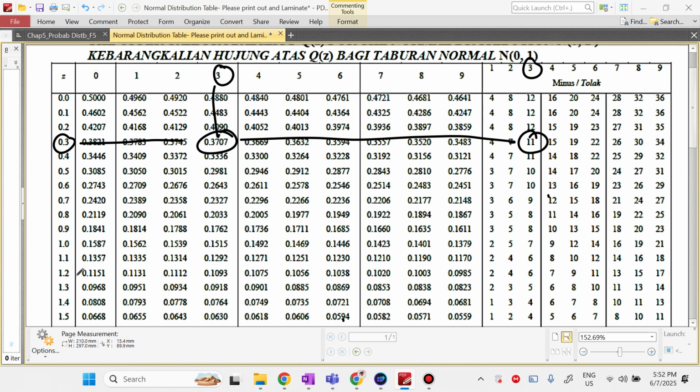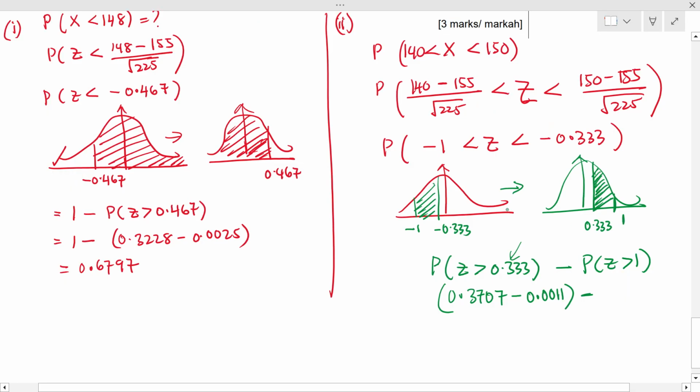Probability Z greater than 1 means 1.00, no need for anything else. That is, 1.00 is 0.1587. Okay, now try to calculate this.